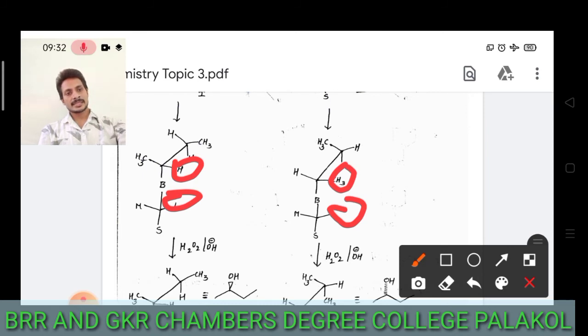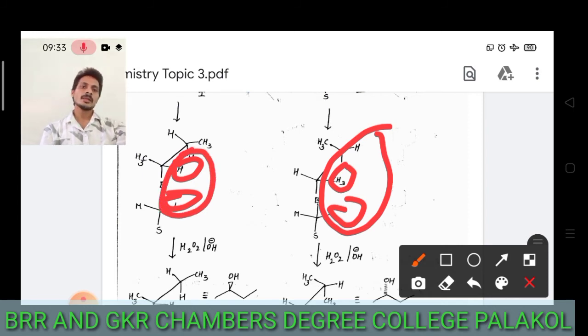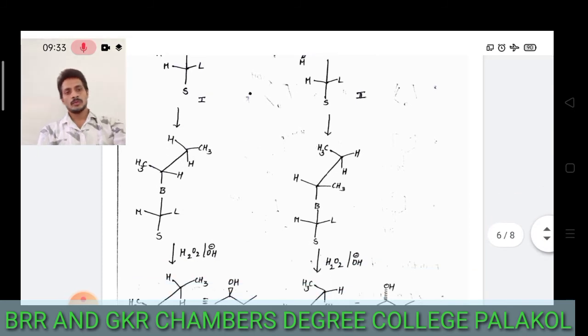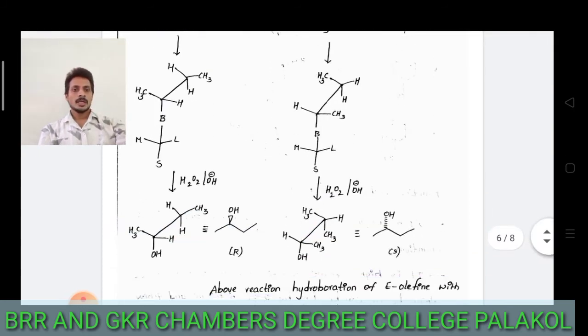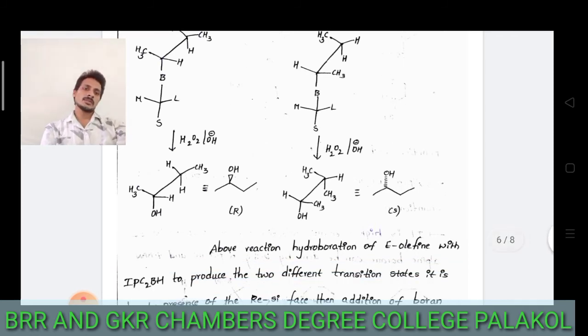That means this face has more steric crowding when compared to the other. Transition state 1 has less steric crowding than transition state 2 with respect to the large group and methyl group. Further oxidation with hydrogen peroxide gives 56% of the R isomer and 43% of the S isomer.